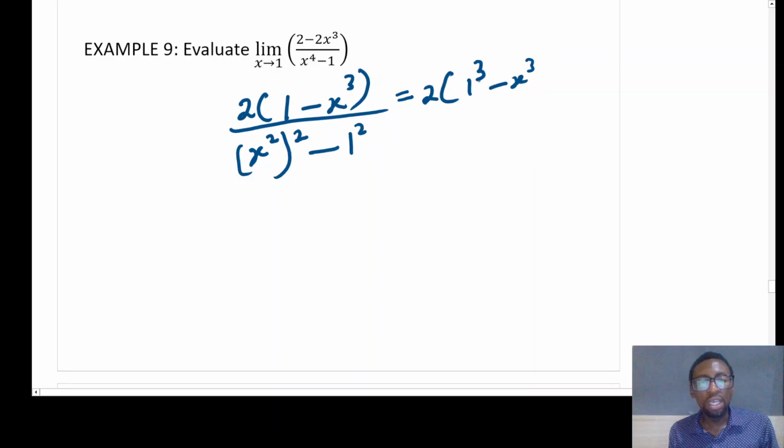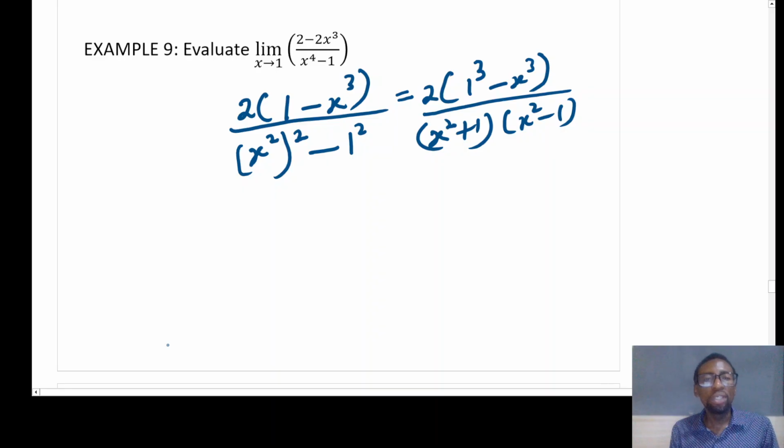For the denominator, I want to apply the difference of two squares. I want to treat all of this x squared as a and I'll treat this one as b. So this becomes (x squared plus 1)(x squared minus 1).